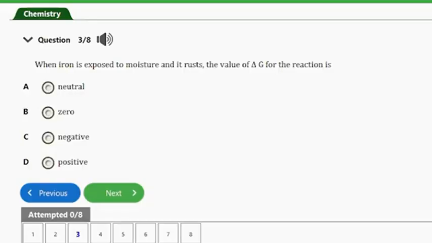So guys, the answer to this question is option C here, and that's negative. Now we know that the rusting of iron is a spontaneous reaction.